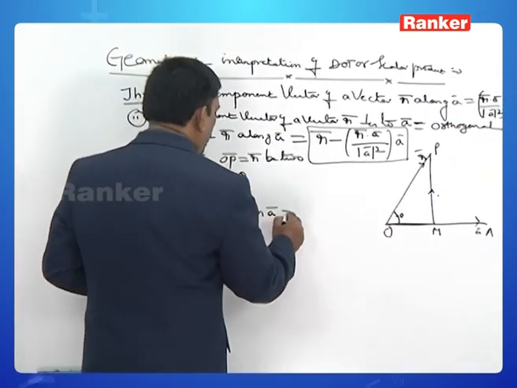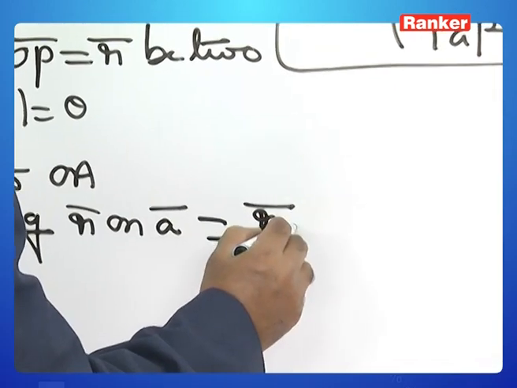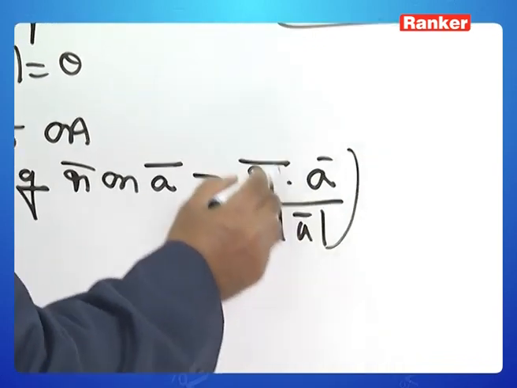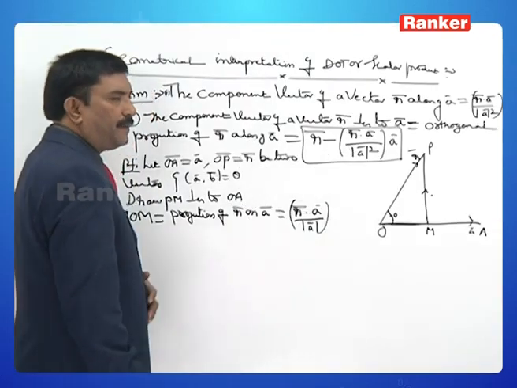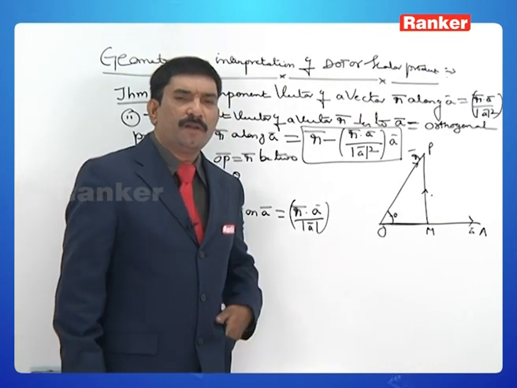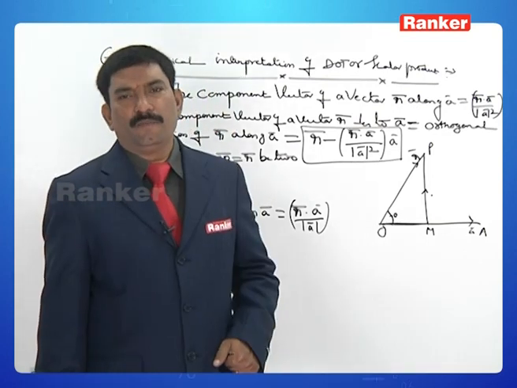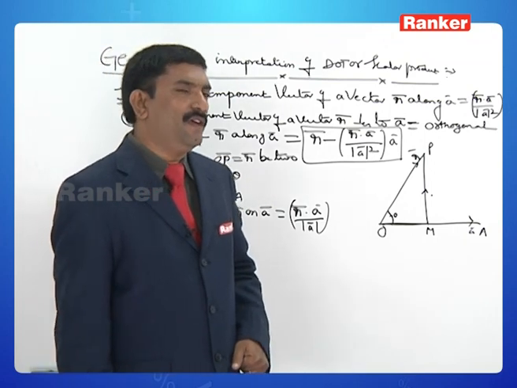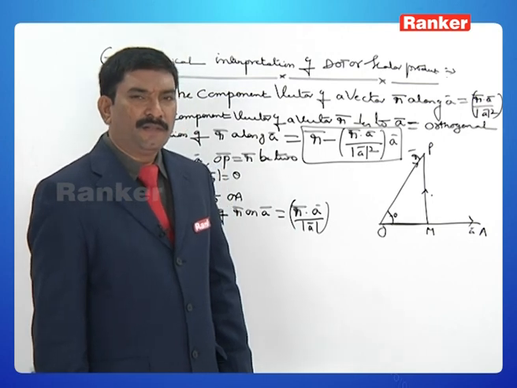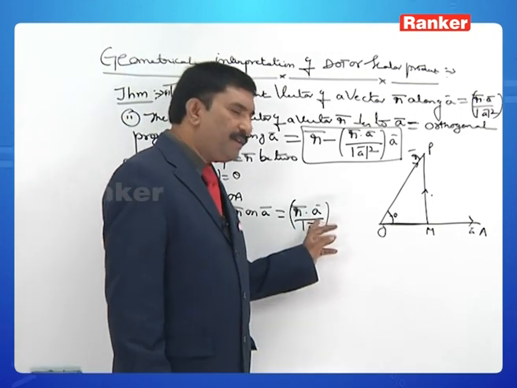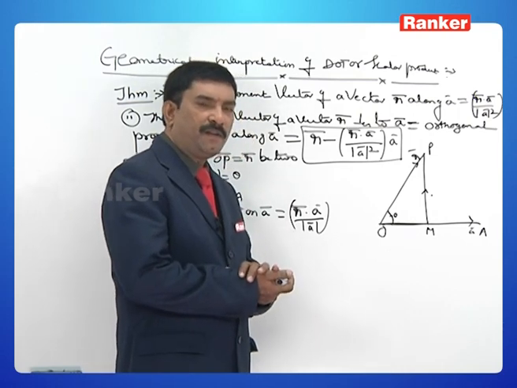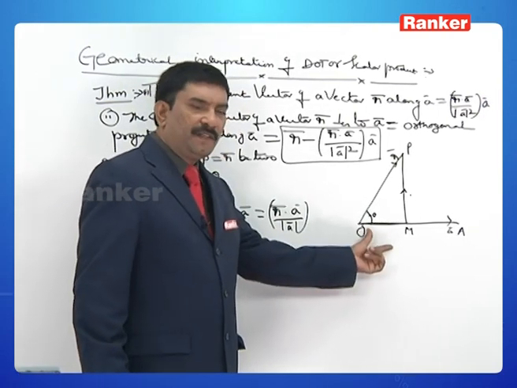By using the geometrical interpretation of dot product, the projection of B on A is A dot B by modulus of A in the denominator. In the same fashion, it is R bar dot A bar by modulus of A bar. But this is a length.